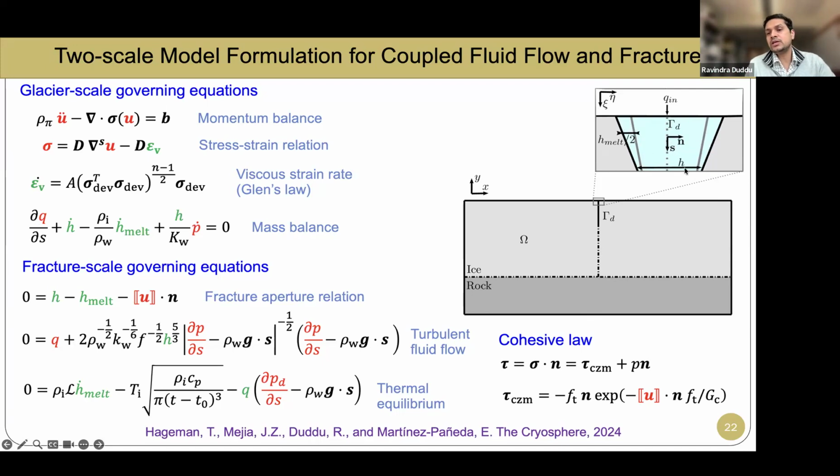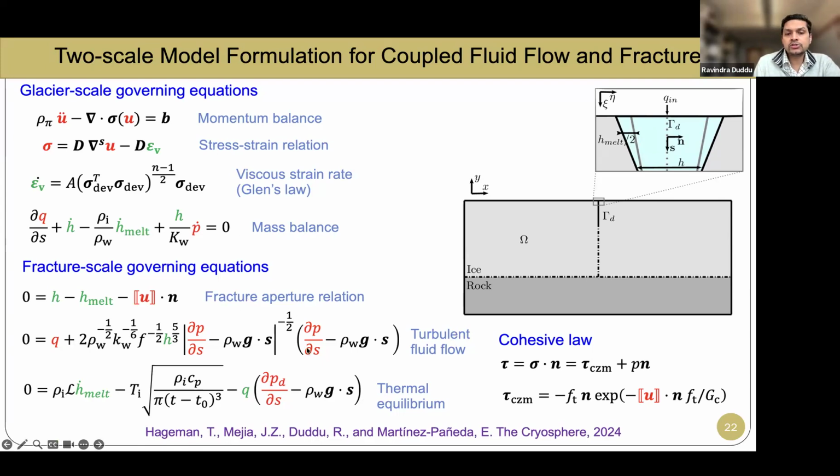And also we have this displacement of the ice, and the displacement of the ice on either sides of the crack, the difference or the jump gives us the crack opening. And that's called the crack aperture relationship. And then we put in some turbulent fluid flow equations for the friction aspects, which then go into the thermal problem because it causes frictional heating.